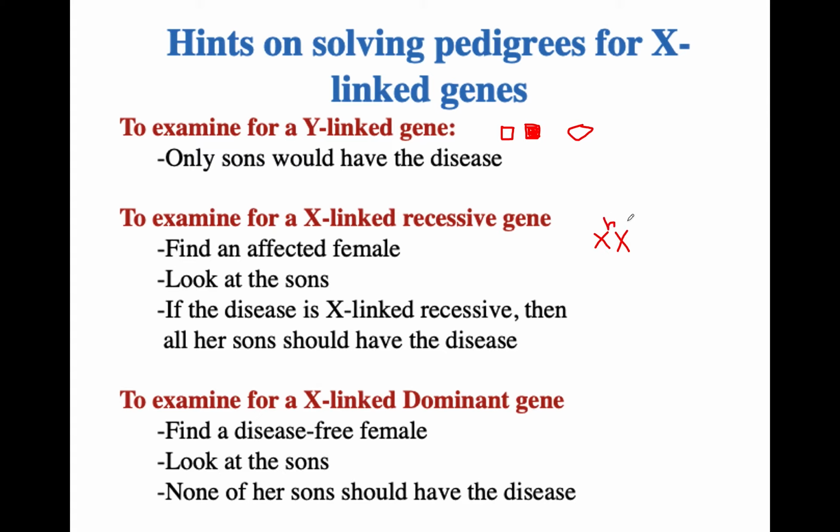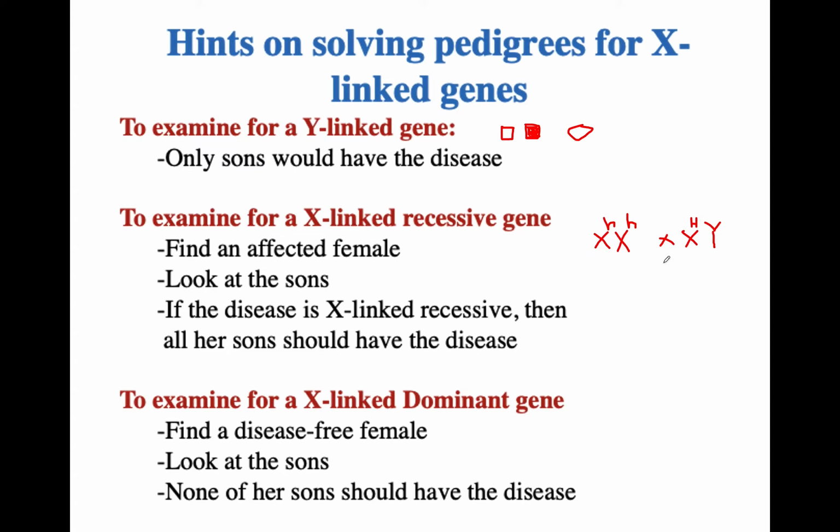Hemophilia is recessive, so if a female has hemophilia, she would have to be homozygous recessive. Now, let's say she marries someone, and it doesn't really matter what the X chromosome of the husband is. Let's just say, for this case, he has big H.